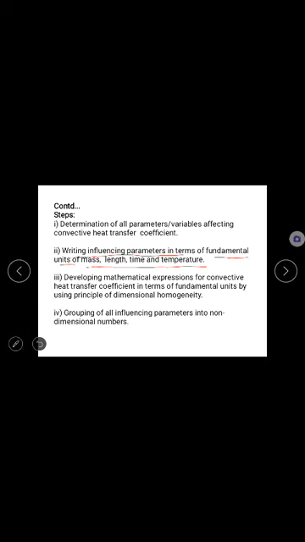Then the third step is developing the mathematical expressions for the convective heat transfer coefficient in terms of fundamental units by using the principle of dimensional homogeneity. The fourth step is grouping all the influencing parameters into non-dimensional numbers.